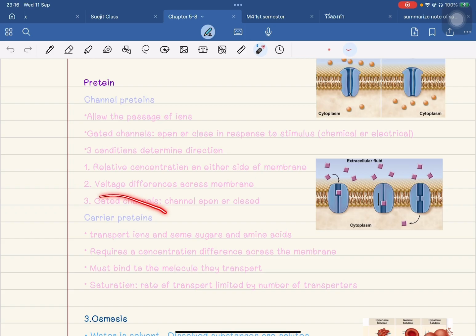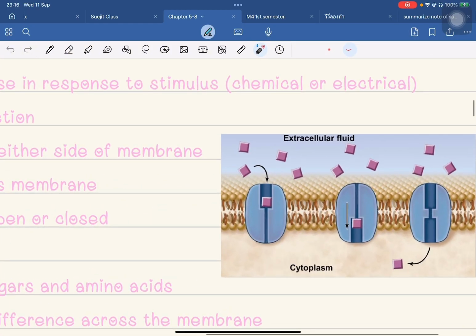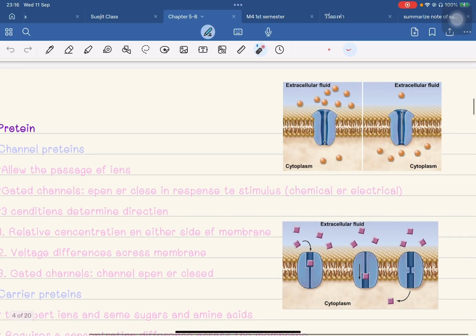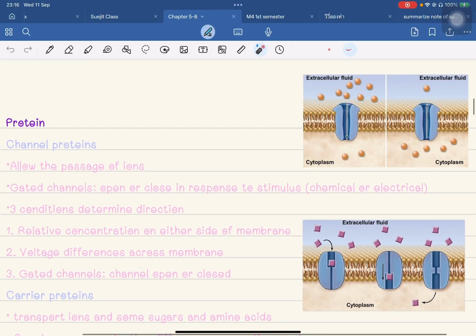The second type of protein is the carrier proteins. This one will transport ions, some sugars and amino acids. It requires a concentration difference across the membrane, and it must bind to the molecules it transports. It is not like a tube, like the channel proteins.